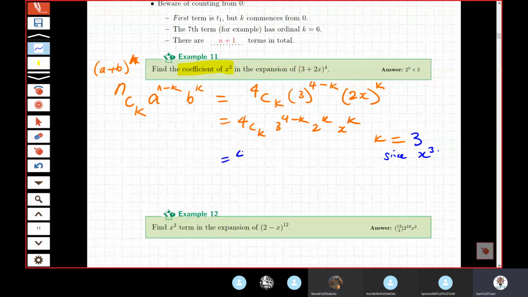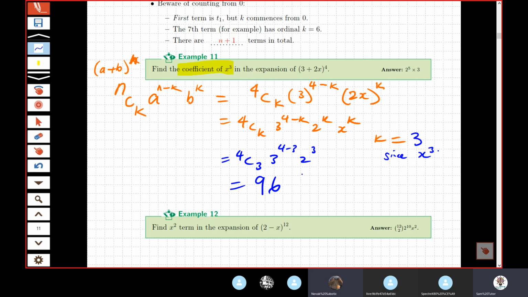So your coefficient is literally 4 choose 3, 3 to the power of 4 take away 3, 2 to the power of 3, which gives you 2 to the power of 3, 8 times 3 times 4, 96. You don't have to leave it like that. I know Hubert just likes to leave things simplified. 96 is perfect.